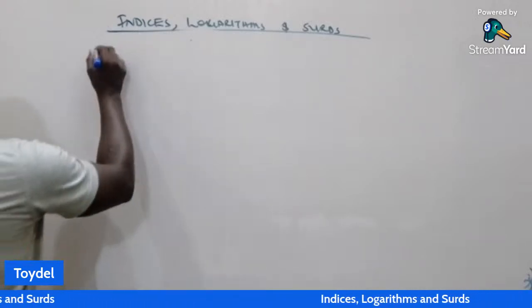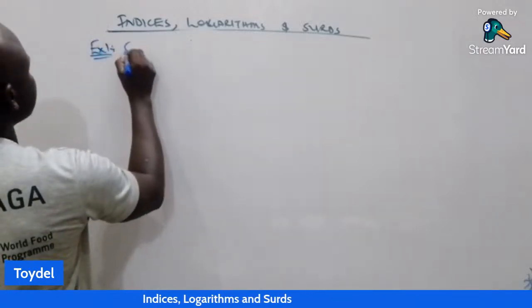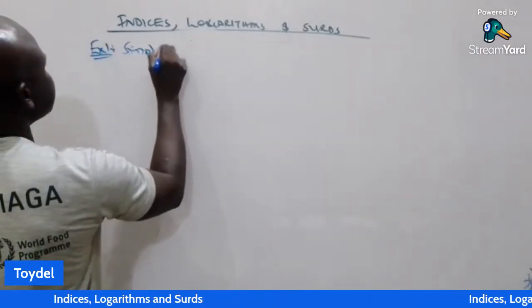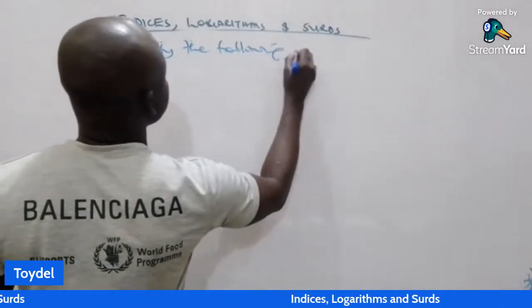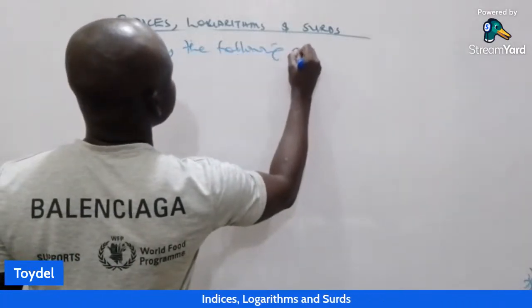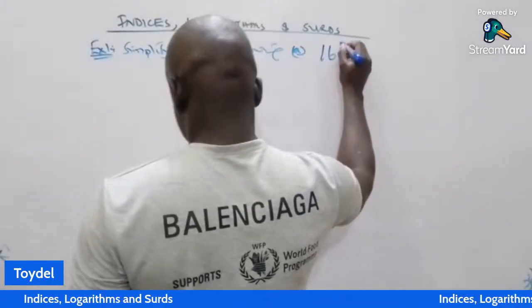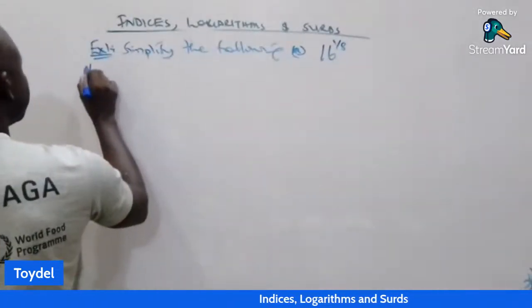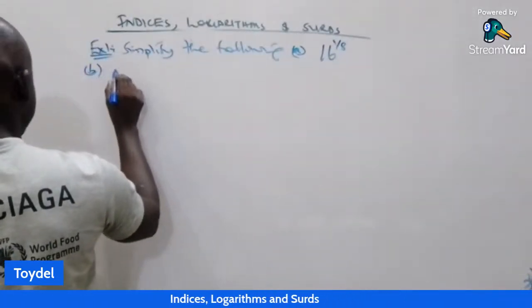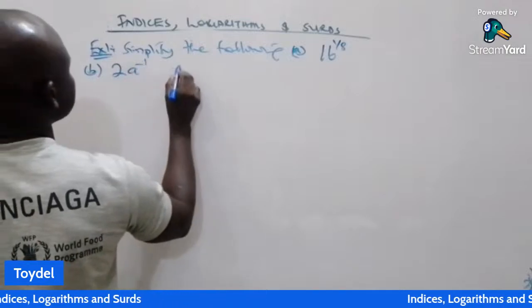So let's see examples. Let me call it example 1. Simplify the following. The first one, A: 16 raised to power 1 over 8. Then B: 2 raised to power a minus 1.